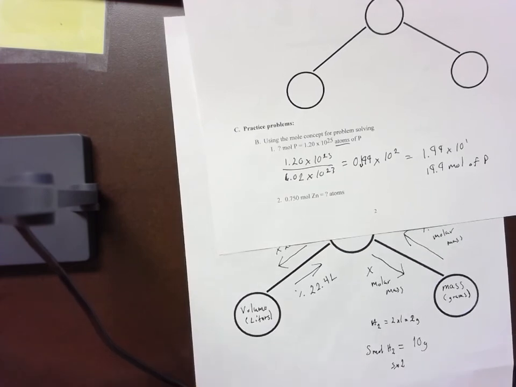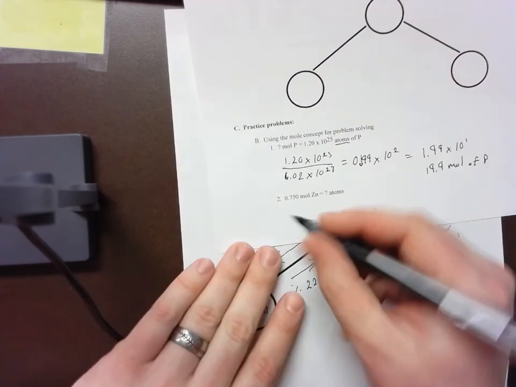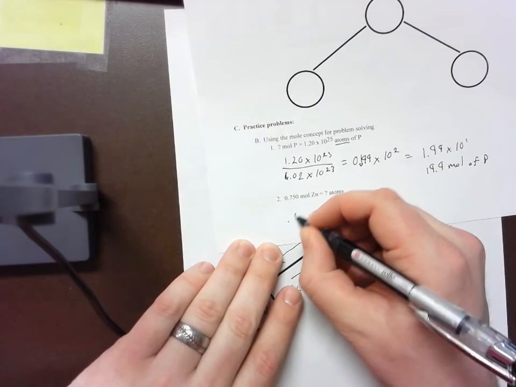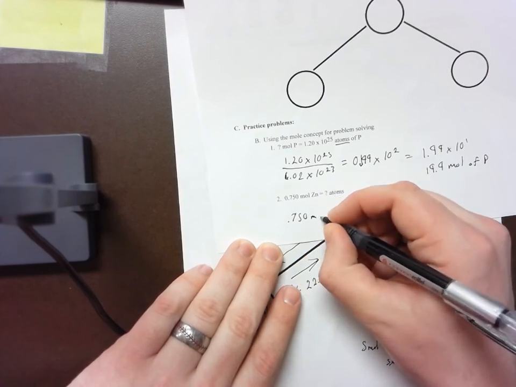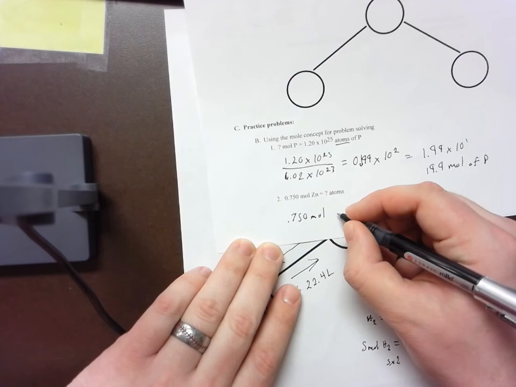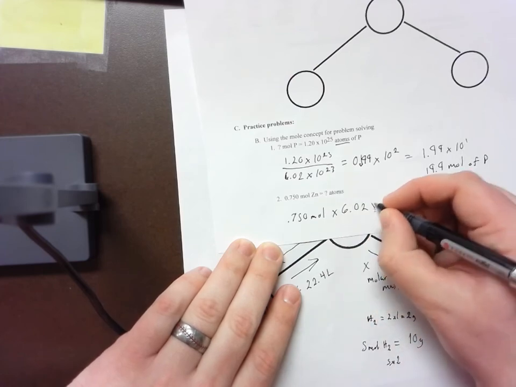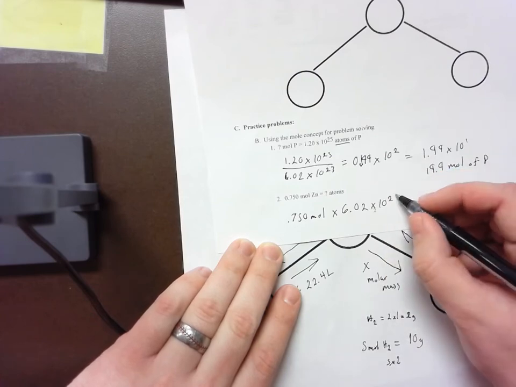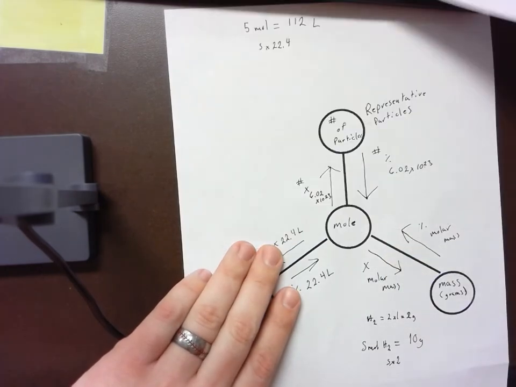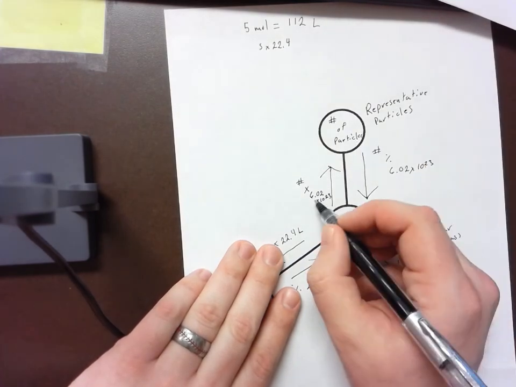Now we're looking for moles to atoms. So you have 0.750 moles. You're going to multiply that by Avogadro's number, 6.02 times 10 to the 23rd, because remember, if we're going from moles to particles, you always multiply by this number.